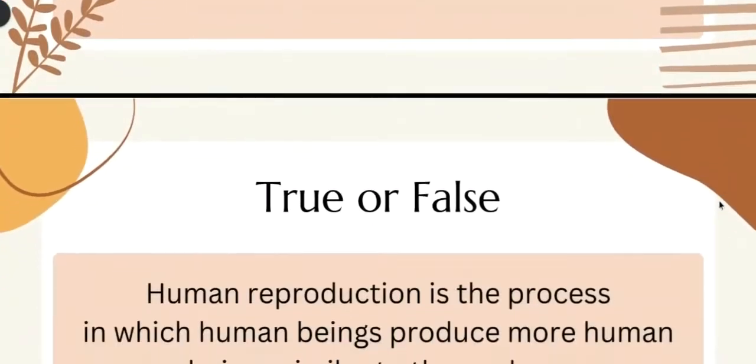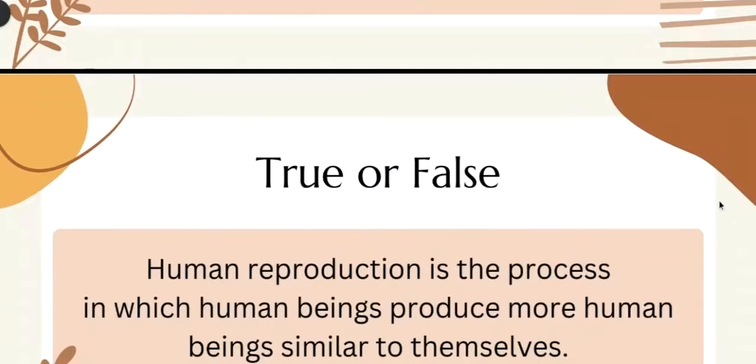Next one: human reproduction is the process in which human beings produce more human beings similar to themselves. So do we really call this human reproduction? Producing more human beings similar to ourselves, like our parents, who often have offspring, or their children, do they really look alike?